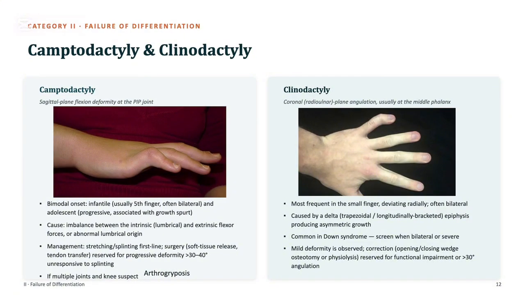Most commonly it occurs in the little finger and is associated with Down syndrome. Its treatment is splinting, and if that does not work, which is most probable, we do a closing wedge, in which we excise a triangle and fix the remaining bone to make it straight.